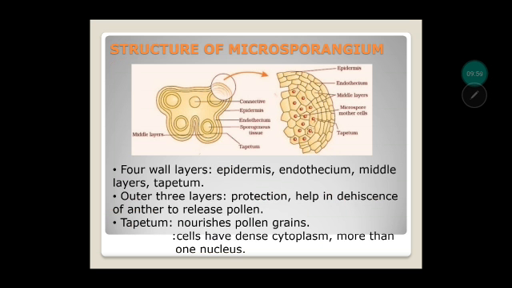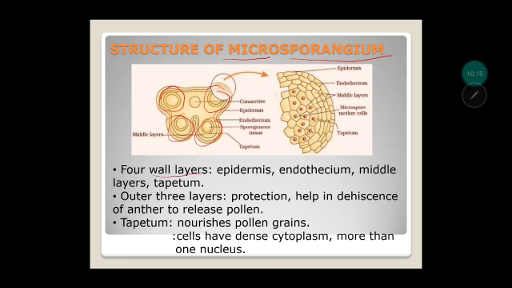Next, let us look into the structure of the microsporangium as discussed previously. See, this is the structure of a microsporangium. This is one microsporangium, second, third and fourth. Let us look at the layers first of all.